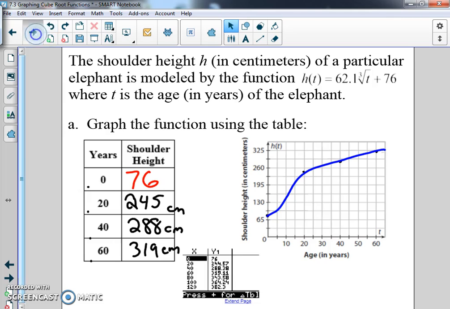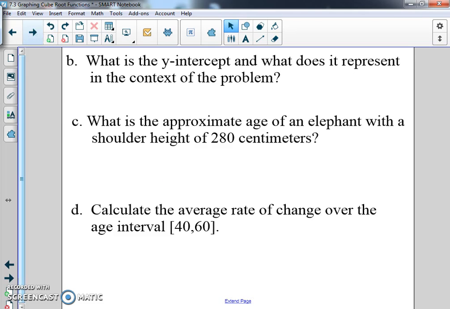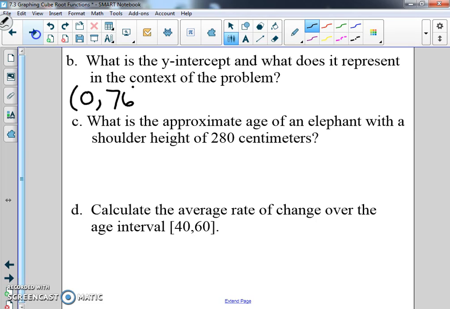Okay. So now with that in mind, what is the y-intercept and what does it represent in the context of the problem? Well, our y-intercept is always going to be where x is 0. And that's 0, 76. And if we think about what that represents, x in this problem, or t, I guess in this problem, is years of the elephant's age. Our y value, in this case, is going to be the height of the shoulder.